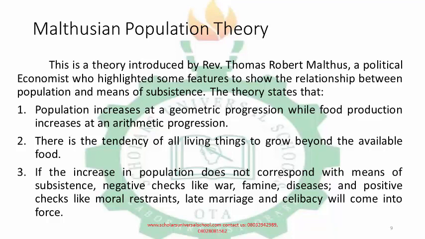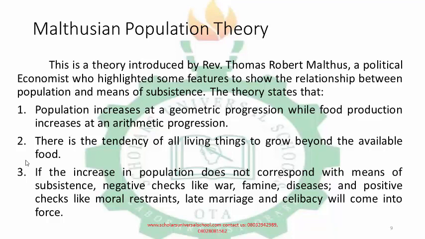The first explanation he gave was that the population of each economy or country grows in a geometric progression. You have a higher rate of increase in population compared to the increase in the means of sustenance. So population grows at a geometric rate, while food production increases at an arithmetic progression.